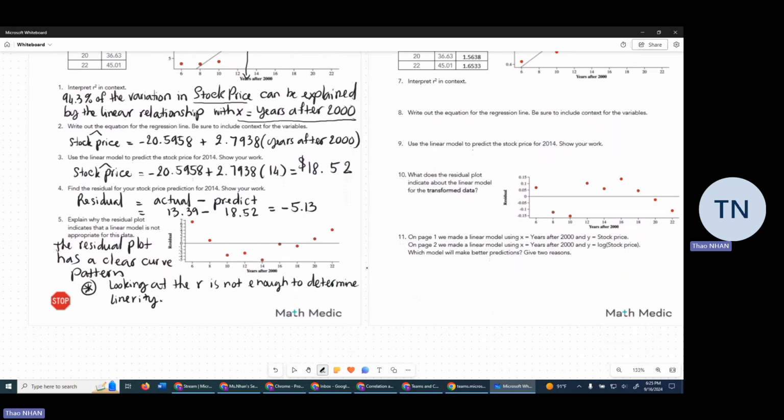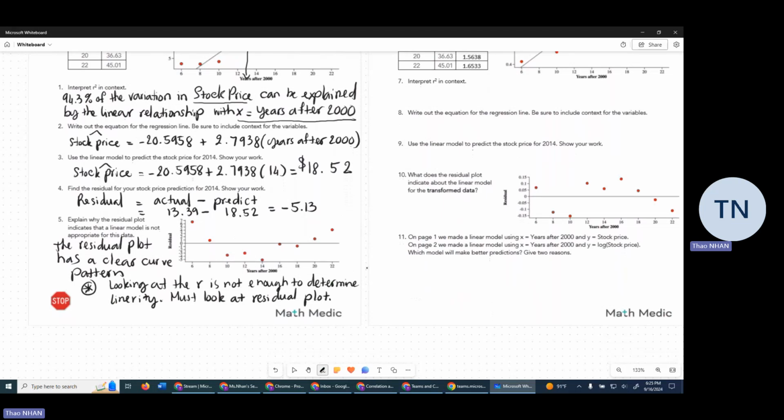We must look at the residual plot. So we have to look at this.